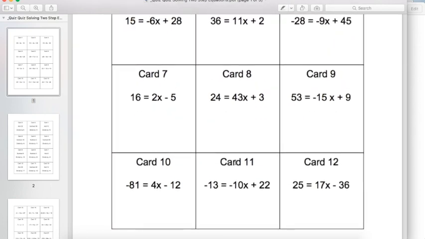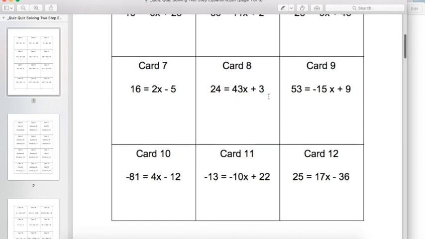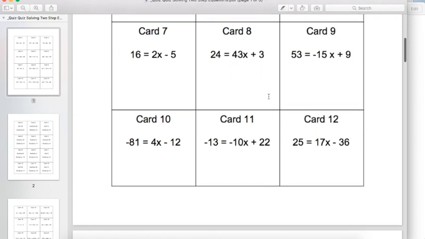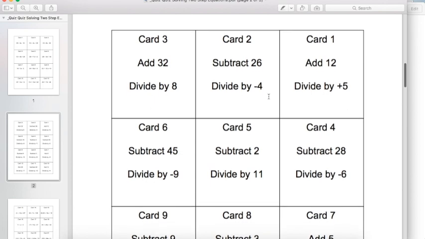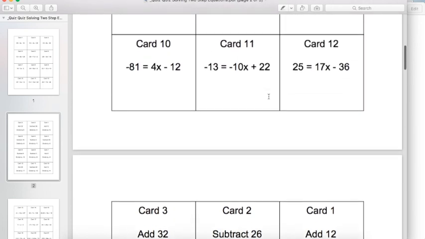For my particular group, they need them to have the same structure, and they need to have integers for coefficients. That's just where this group is in the moment, because they really struggle mathematically. So on the back, you have the answer to what you're looking for from the front of the card.